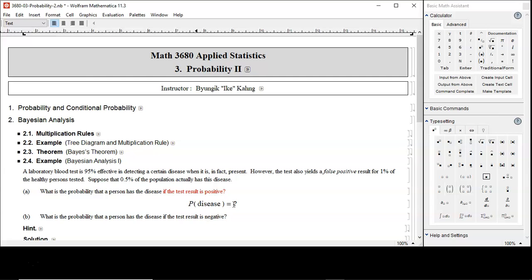So this is not the straight up probability, but a conditional probability. Also, there's another indicator. Suppose that 0.5% of the population actually has the disease. Here is a very strong or straightforward statement that the straight up probability is 0.5%. So that's not what part A is asking. Part A is asking a conditional probability.